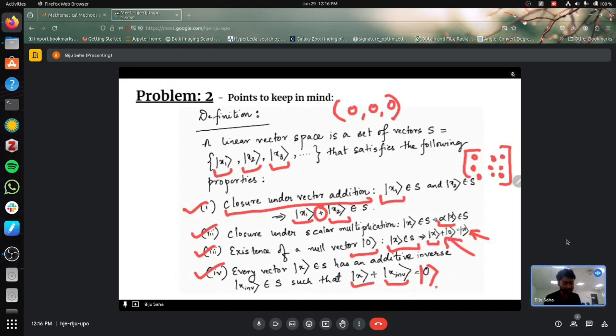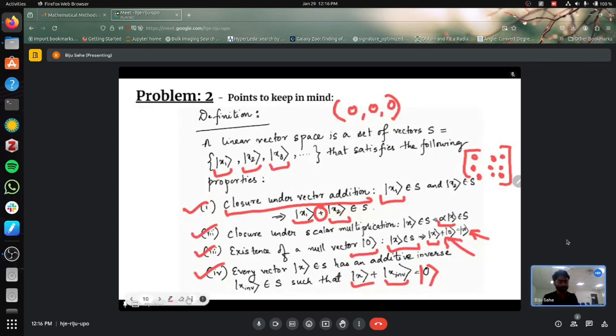So these are 3 criteria. First of all, you have to check whether it is closed under vector addition and scalar multiplication. Those were the first and second criteria. And the third criteria is you have to look for the existence of a null vector. And the fourth criteria you have to check is every vector should have an additive inverse. So these are the four criteria.